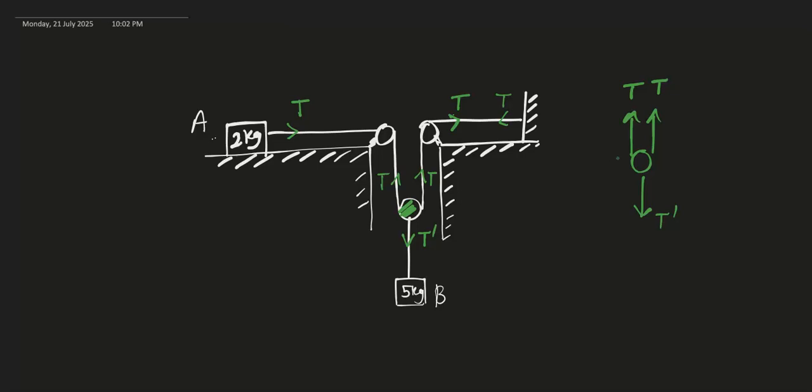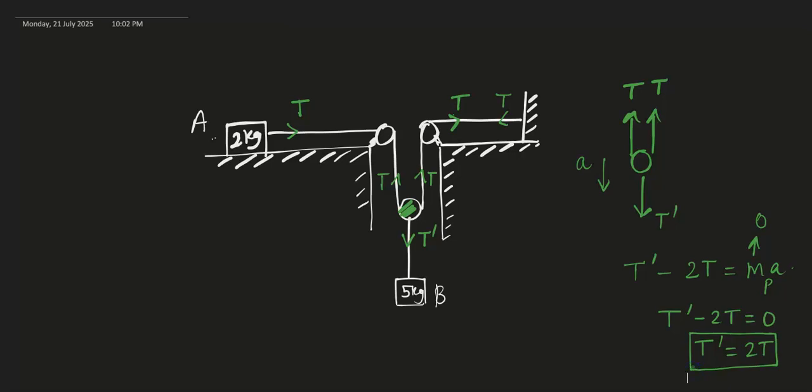Now if I assume this pulley is accelerating downwards with a certain acceleration A, then I have this equation: T dash minus 2T is equal to MA, where this is the mass of the pulley. But the pulley is assumed to be massless, so the mass MP will be 0. That means T dash minus 2T is equal to 0. So from here, the T dash value will become 2T. So this tension T dash is nothing but 2T, and I can directly write here 2T.